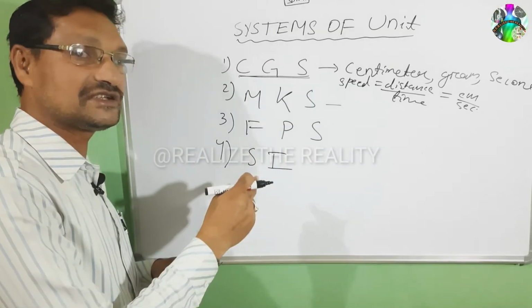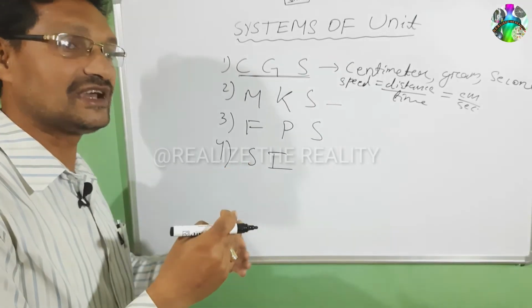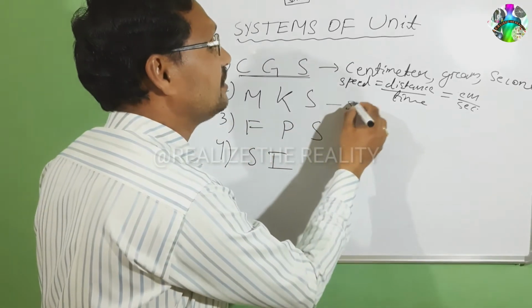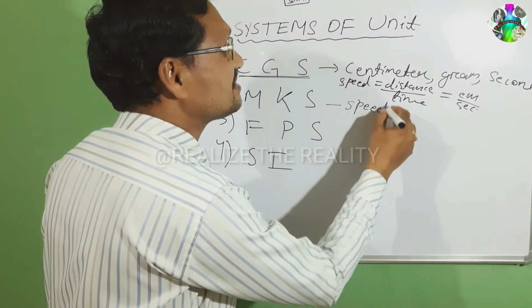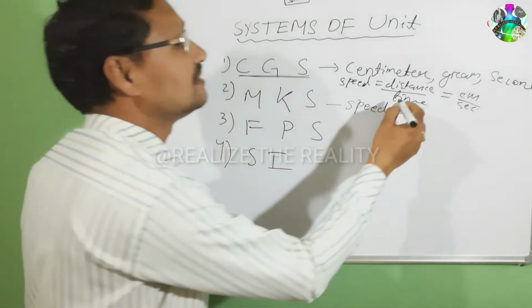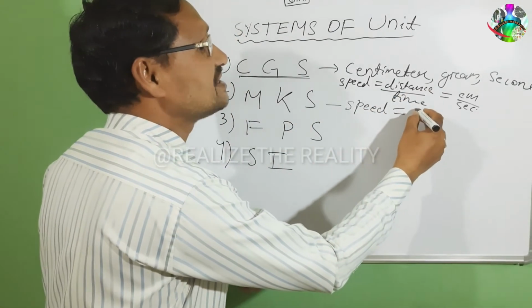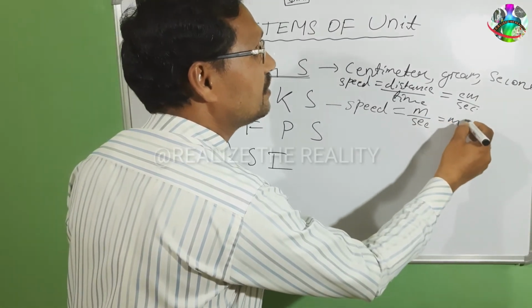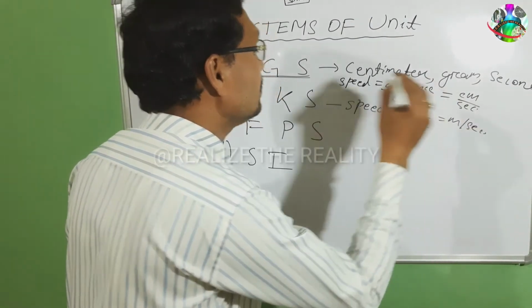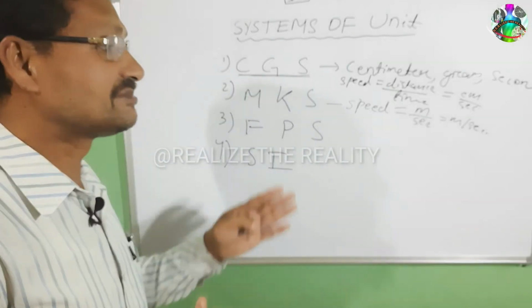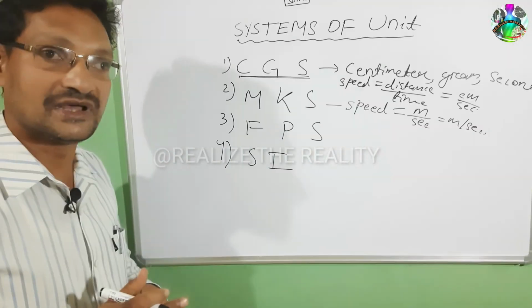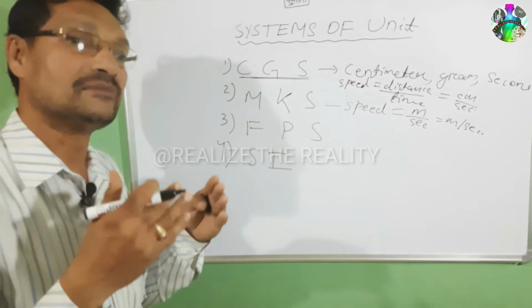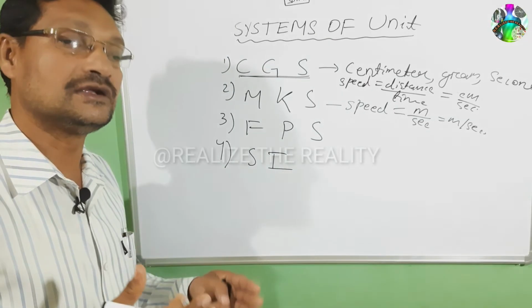In this metric system, whenever we express a physical quantity, let us take the example of speed. If speed is expressed in the MKS system, the formula is distance by time. Distance will be meter, time will be second. Then meter per second is the unit of speed in the MKS system. Like this, we can say velocity, acceleration, density.